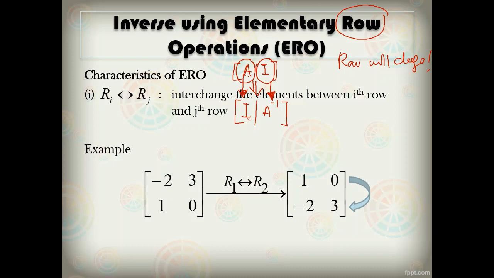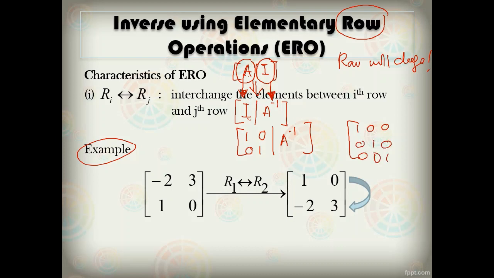For example, here, if you have this 2 by 2 matrix, since our target is to get the identity matrix, which is 1 0 0 1 if it is 2 by 2. If it is 3 by 3, our aim is this.